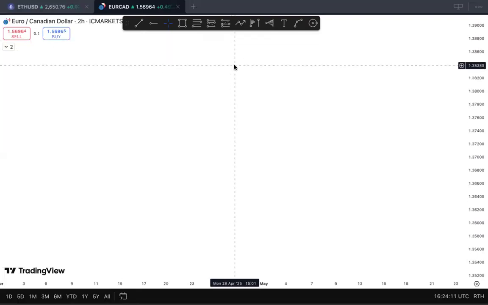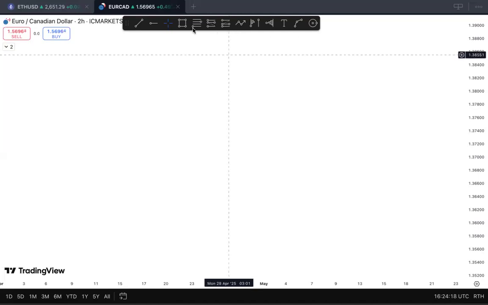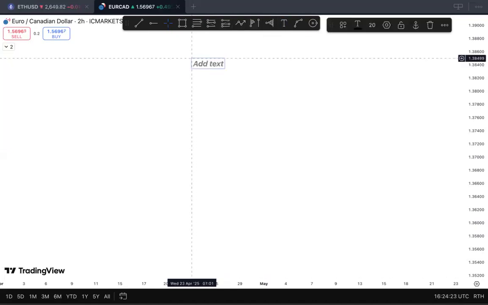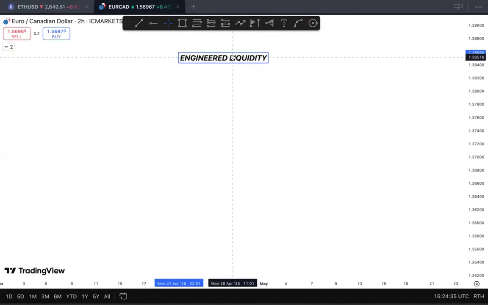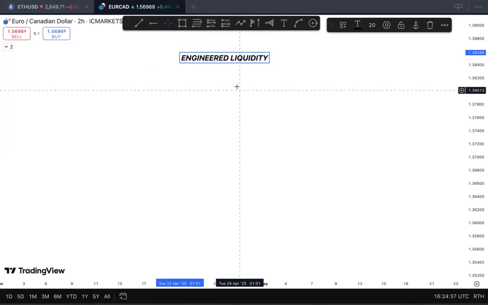Now, there is another form of liquidity called the engineered liquidity. Okay, so I'm going to explain that right now. The engineered liquidity. Now, usually, remember, you need structural liquidity to trade this strategy.